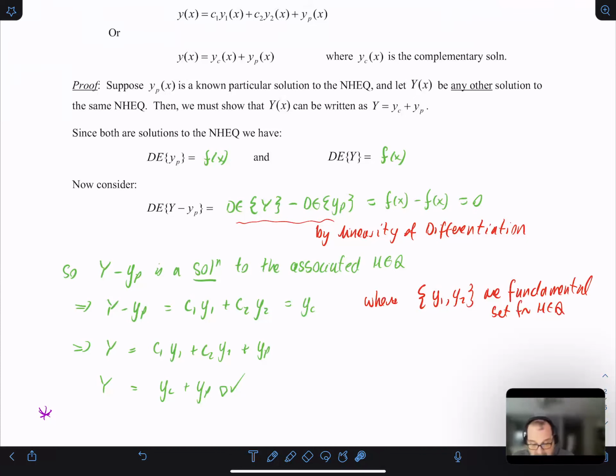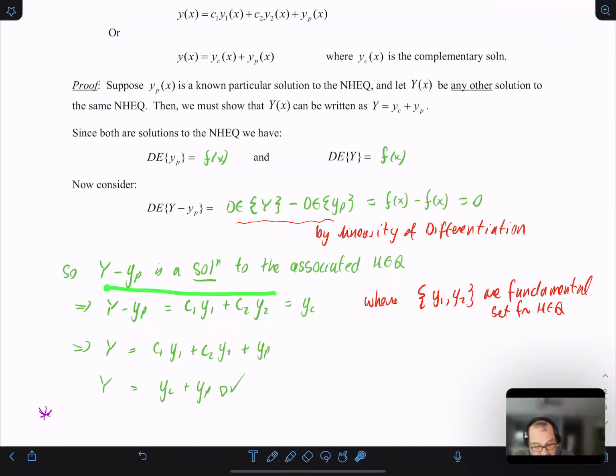Therefore, if this is 0, this shows that we've got a solution to the associated HEQ. So Y minus y sub p must solve the associated homogeneous equation.